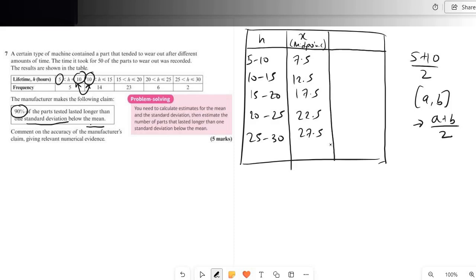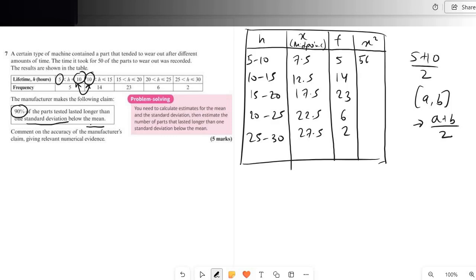Now we write down the frequencies of the corresponding x values, which is going to be 5, 14, 23, 6, and 2. We can find out the x squared, which is going to be the midpoint squared.